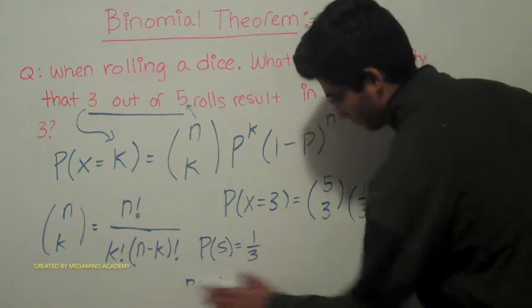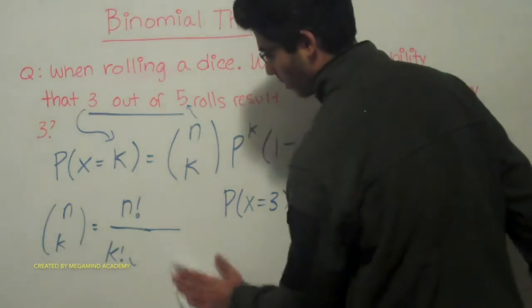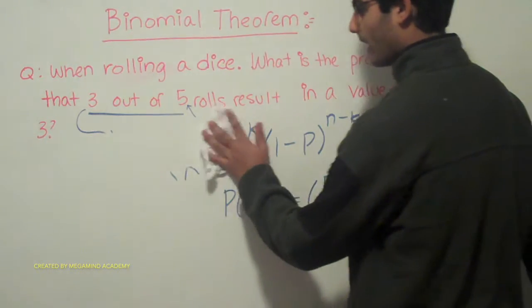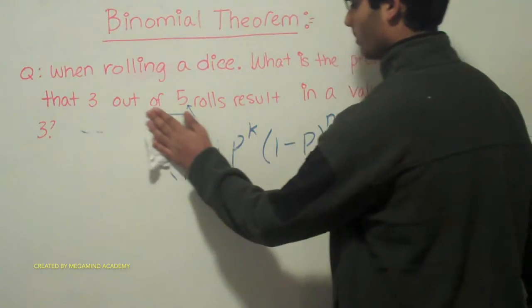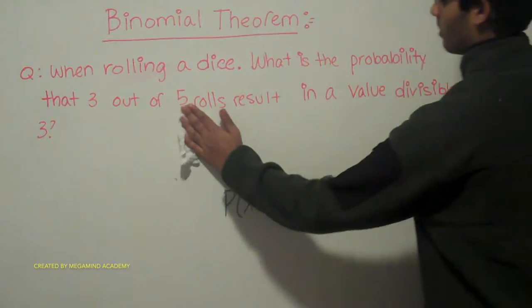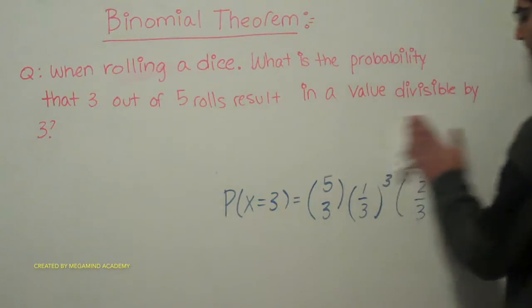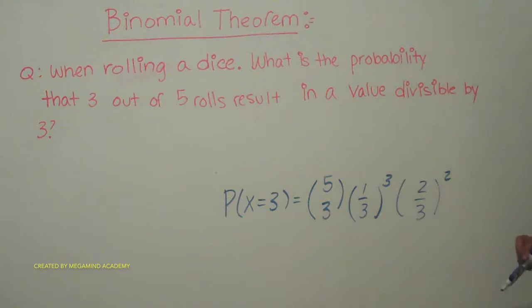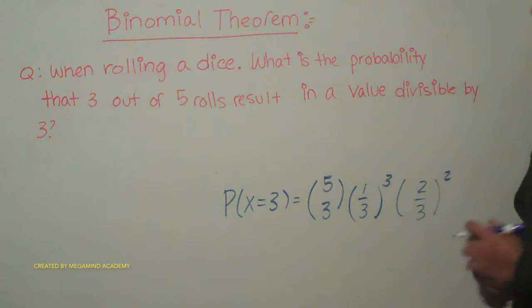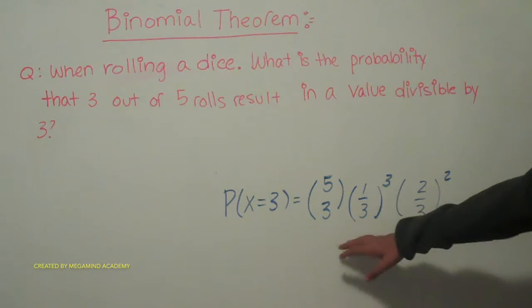Okay. The last step is to solve for a value. If we had a calculator with us, we could just plug in 5C3. But we don't have a calculator, so we're going to have to do this by hand.